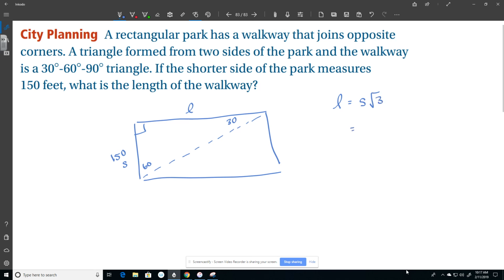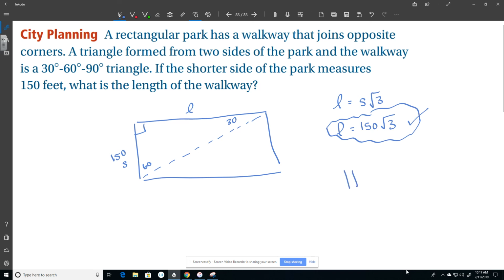And my short side is 150. And then multiply by the square root of 3. That's my answer. Because this doesn't simplify anymore. If it asks for a decimal, go ahead, plug it in your calculator and round it the way that it wants you to. But I think it's going to want an exact answer.